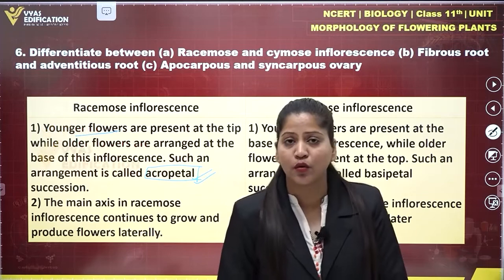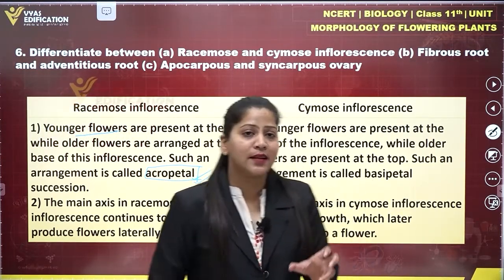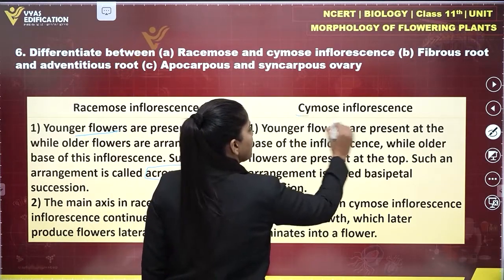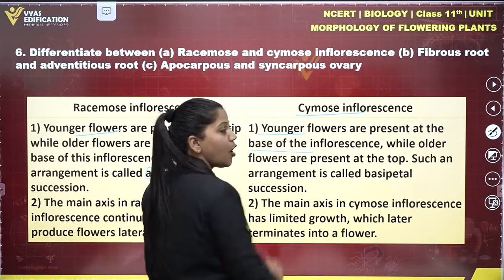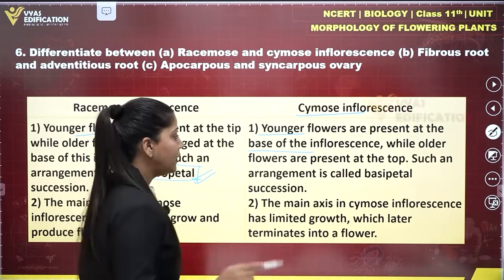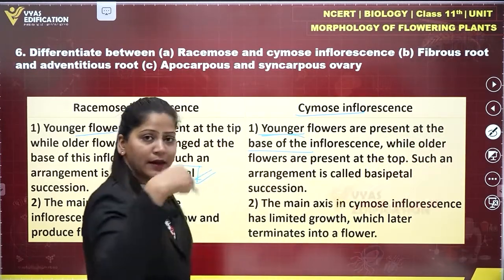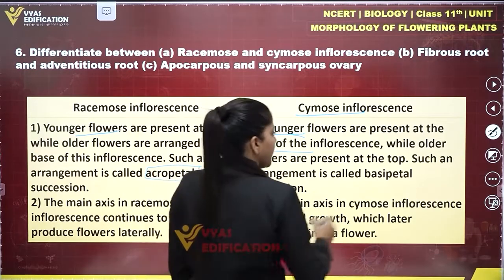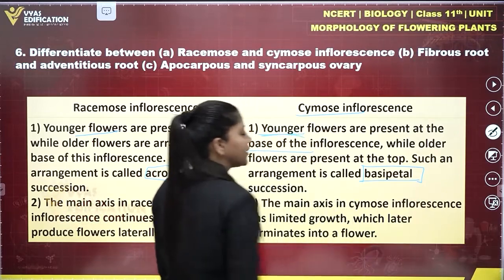Whereas the cymose inflorescence is said to be basipetal succession. In cymose inflorescence, younger flowers are present at the base, whereas the older flowers are present at the tip, and this arrangement is called basipetal succession.